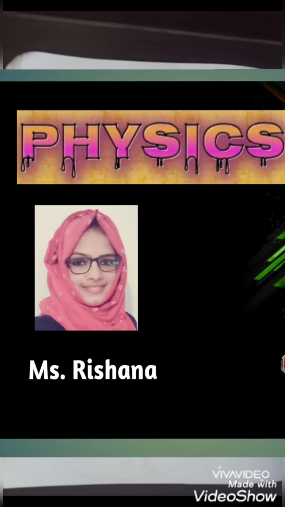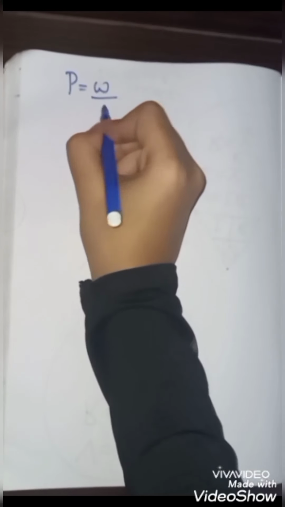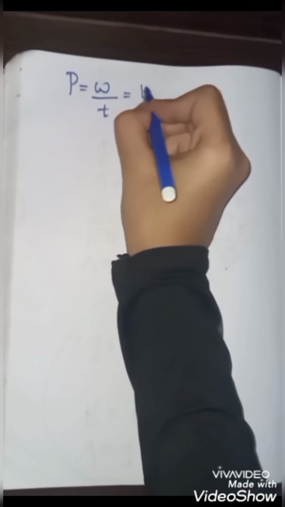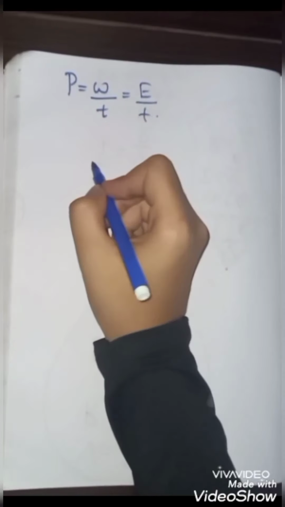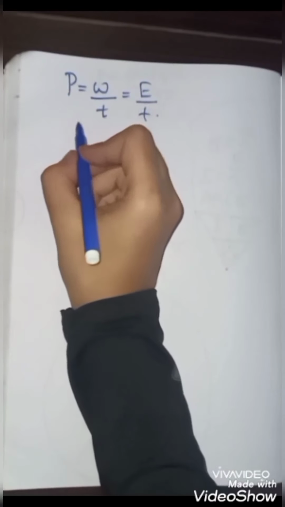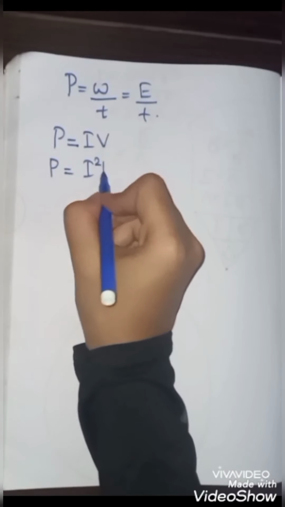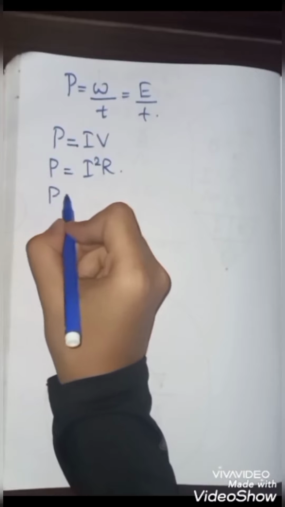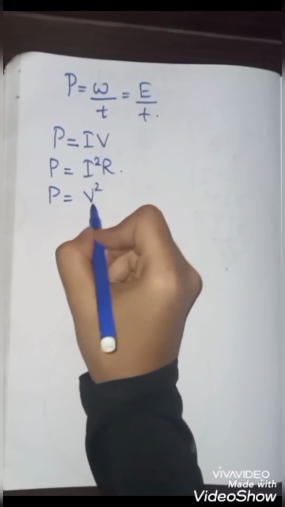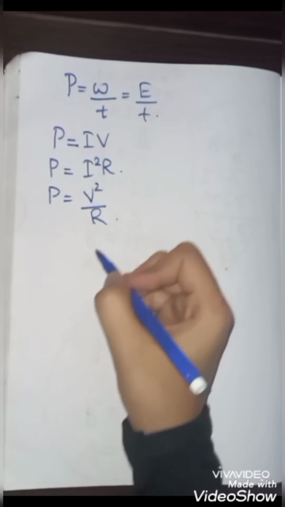Also, we studied the three equations of power, that is P is equal to I into V, P is equal to I square R, and P is equal to V square by R.